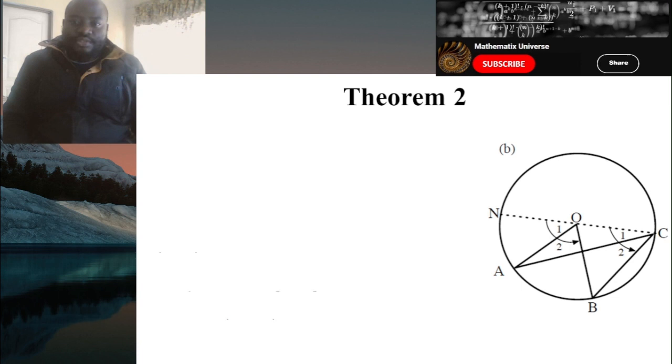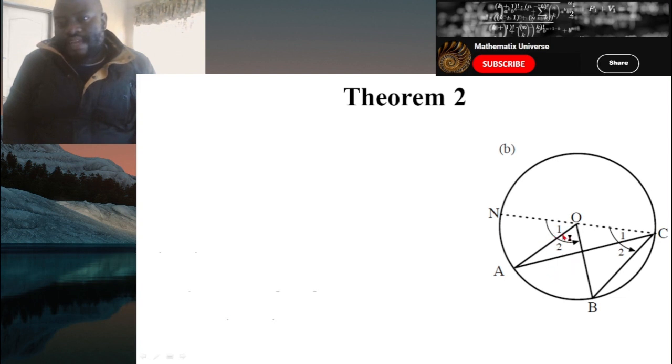Then again, theorem 2 could have come this way, where angle C has gone this direction. So this is still angle AOB, and this is angle ACB. But now, how we name O1 and O2 is a little bit different.